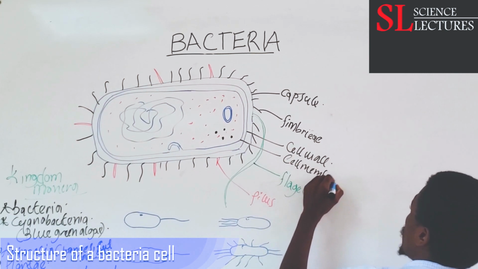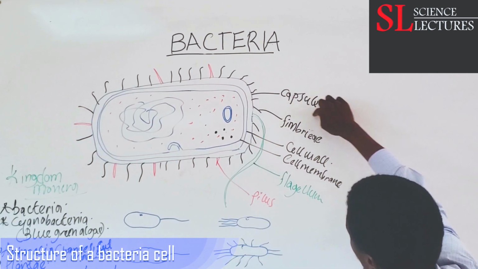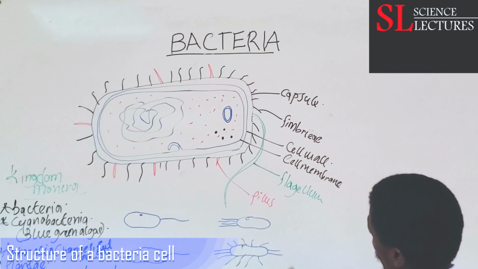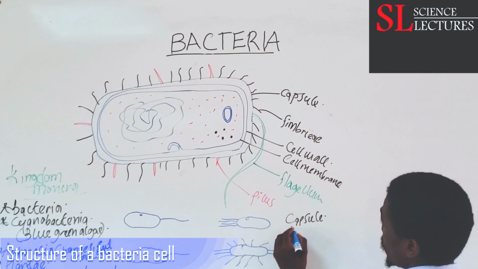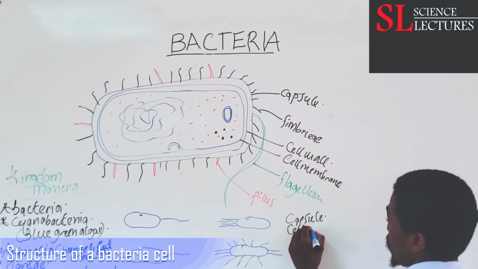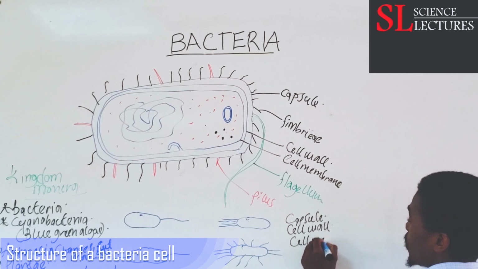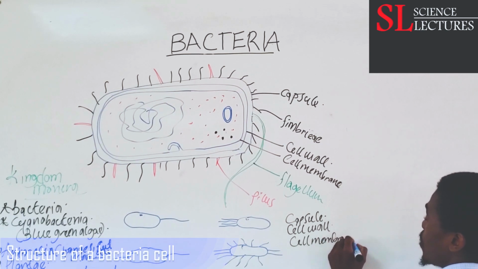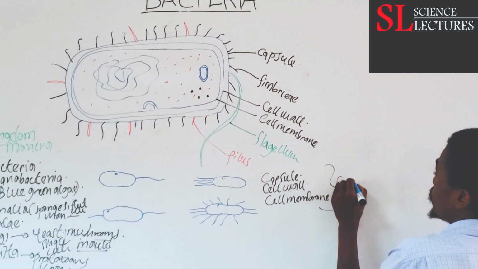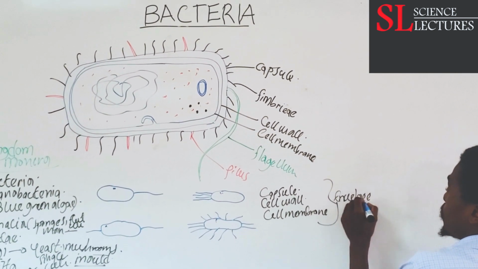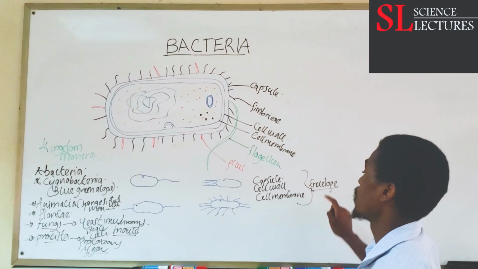These three, the capsule, the cell wall, and the cell membrane, all at large form what we call the cell envelope. So they are basic parts of what we refer to as the cell envelope.